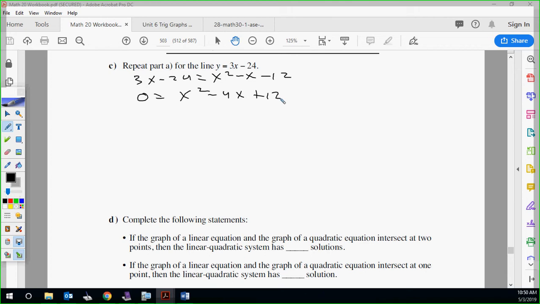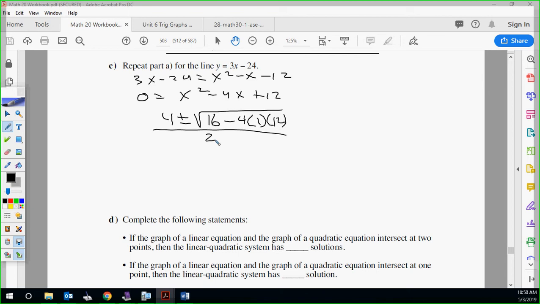So that means we have to use the quadratic formula. If we set it up, we get 4 plus or minus, negative 4 squared is 16, minus 4 times 1 times 12, all over 2 times 1, which is 2. We don't have to go very far because we know what's happened. The discriminant, the part in the radical, tells us what's going to happen.